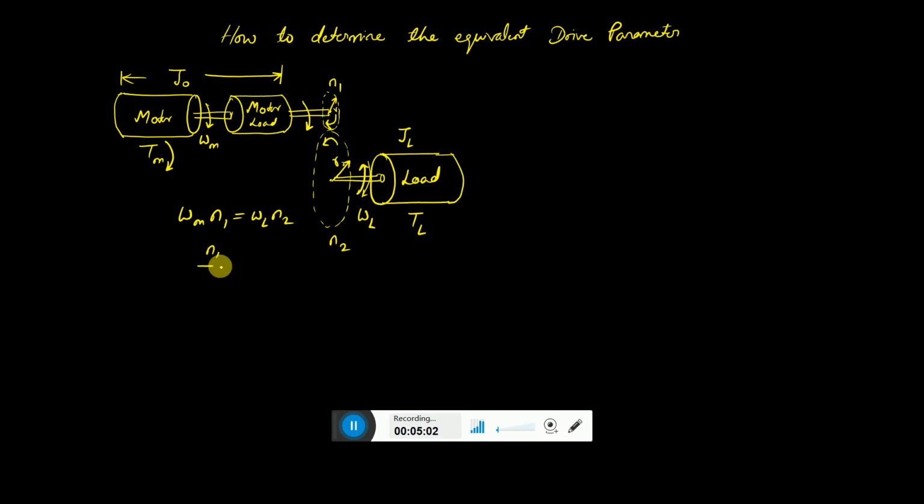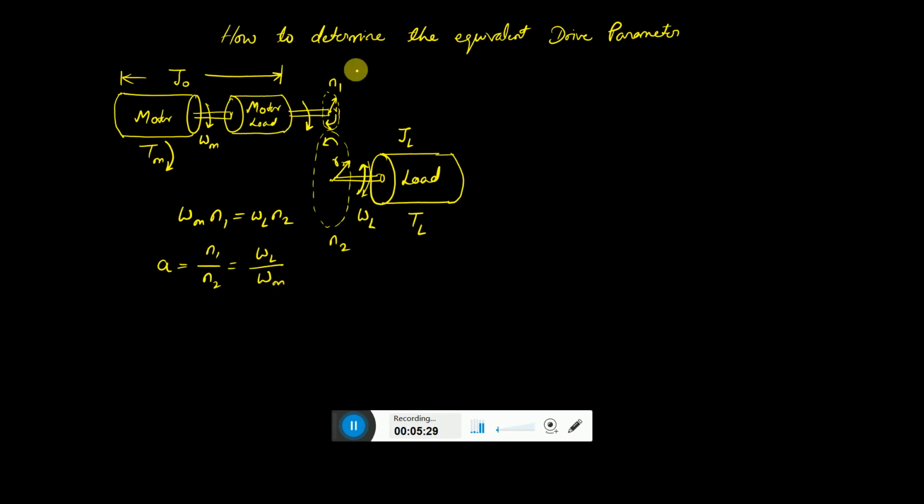Indirectly we can get a relation: N1 by N2 is equal to omega L by omega m. Let us say N1, the primary number of teeth, divided by the second number of teeth is equal to A, where A is a constant. Then we can write A is equal to N1 by N2 is equal to omega L by omega m.